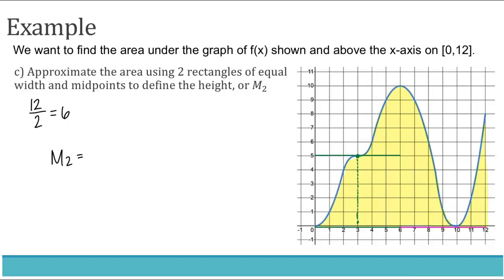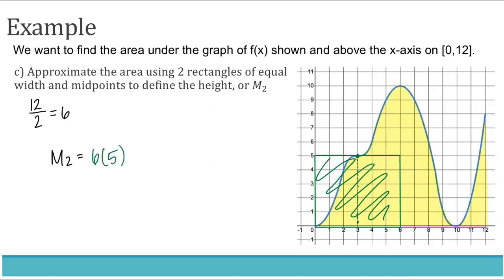I like to use a dotted line there to find the height, since that isn't one of the sides of the rectangle. It's just right down the middle. And the sides of the rectangle I will fill in with solid lines here. So here's my first rectangle from M2. It has a base of 6 and a height of 5.